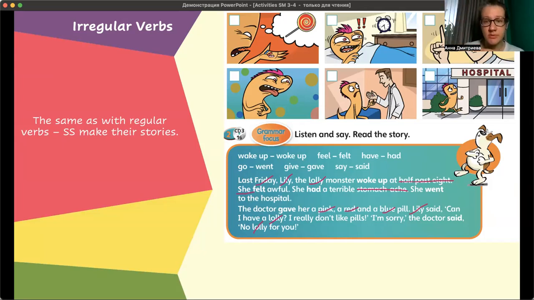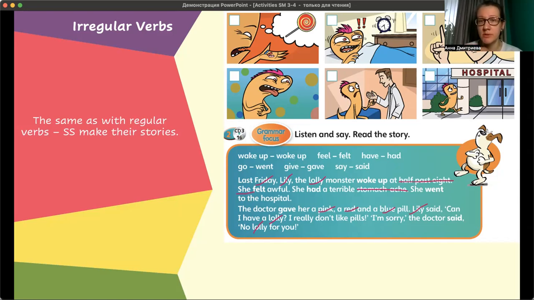Then I write a list of these verbs in the correct order on the board, so everybody can see it. And what I do next, I ask them to close the story, but they have already read it several times or even listened, and they reconstruct the story.